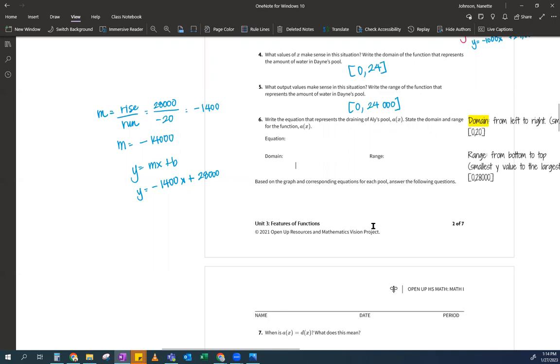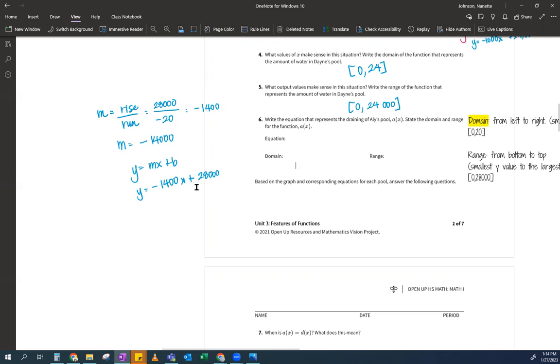Nope, it is not the range. This number, what does 28,000 mean? Remember, if you're going to tell me range, you've got to give me a from and to. That's like if you said 28,000 is the range, that's like, hey, Miss Johnson, when are you going to be tutoring? And I'm like, 28,000. Usually when you ask a when, like how long are you going to be tutoring? You say from something to something, right?